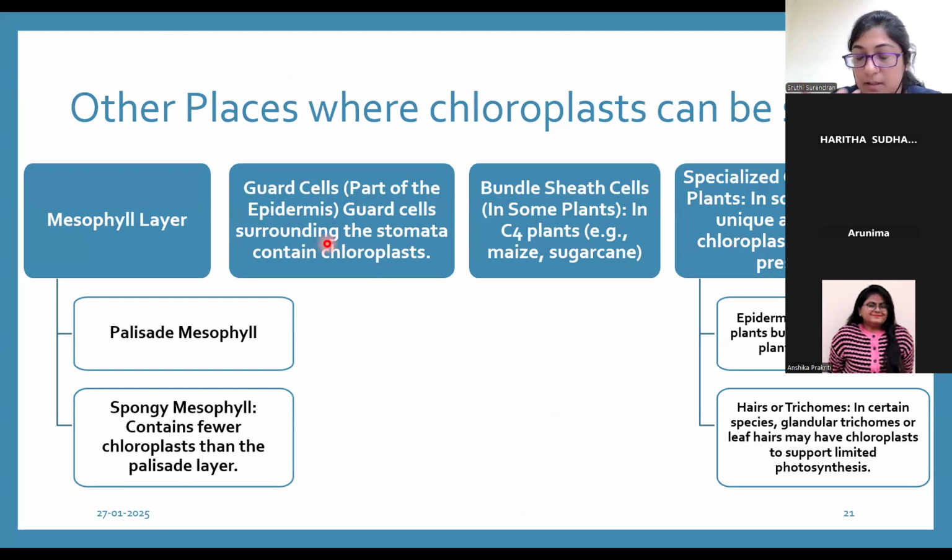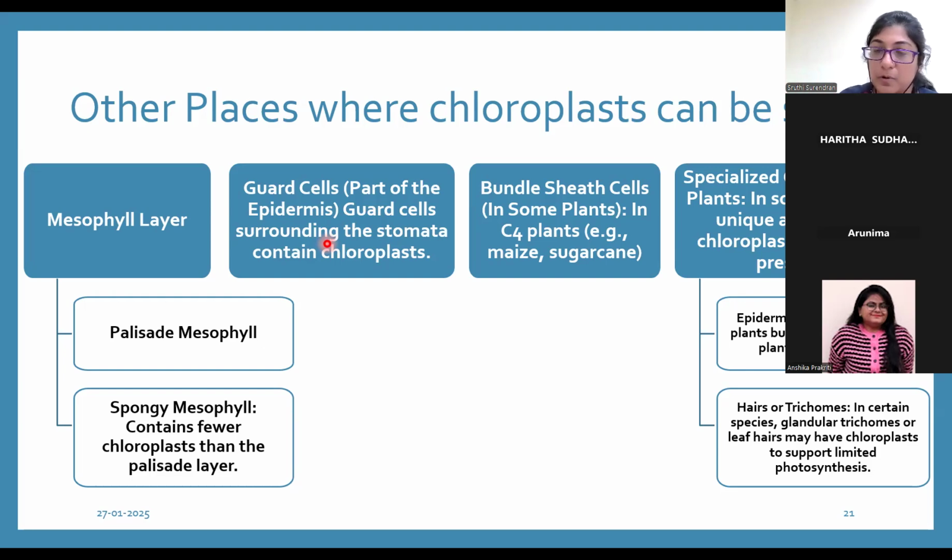Within the stomata there are cells called guard cells, and you can find chloroplasts in there also. Bundle sheath cells, found in another type of plant with a different mechanism of photosynthesis, have them too. So chloroplasts are not restricted to palisade mesophyll cells alone, but we went that route just for our understanding.